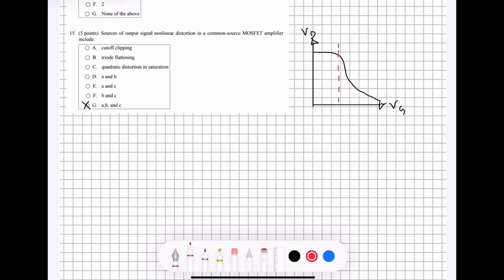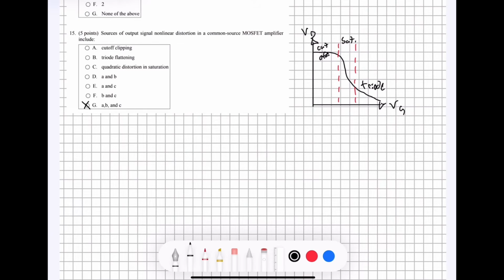In between these two dashed lines that I'm going to draw right here, that is going to be the saturation region in the middle, right there. Then on the left side of this dashed line, that's going to be the cutoff region. And on the right side, that is going to be the triode region.